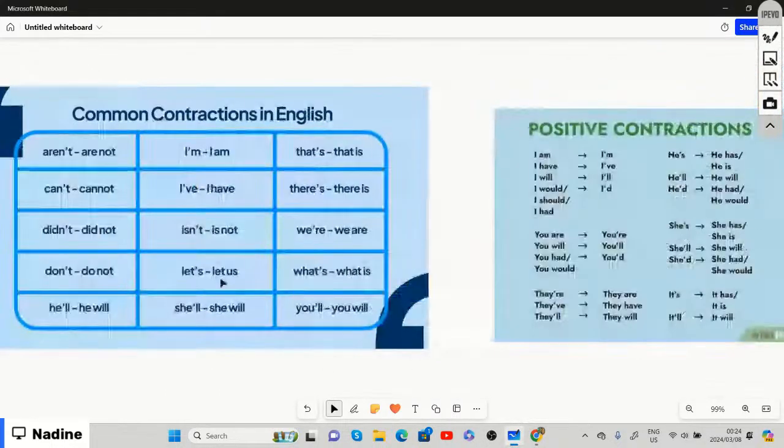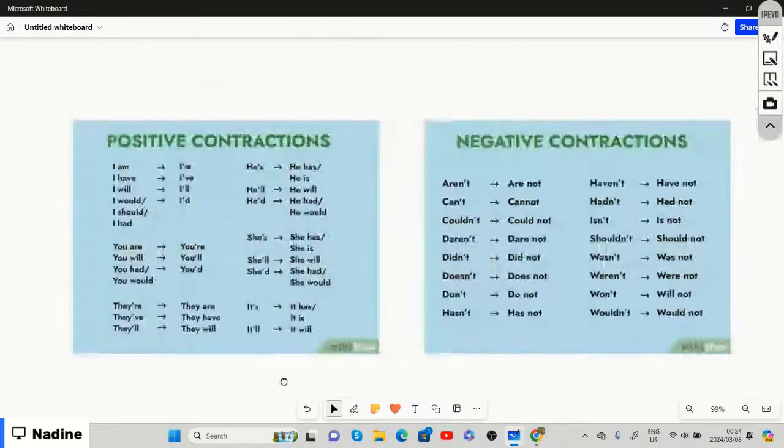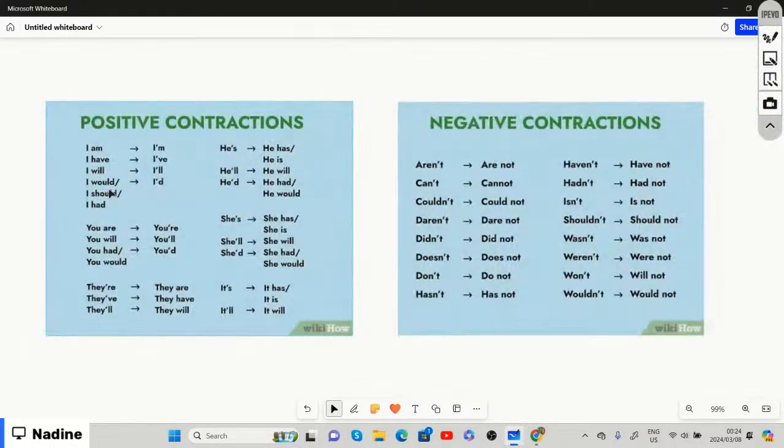And before we get to those contractions, right? Here we have positive contractions and we have negative contractions, right? With the positive contractions, not one of the contractions is telling us no or not or will not, or won't or can't. With positive contractions, we are only saying good things, right?